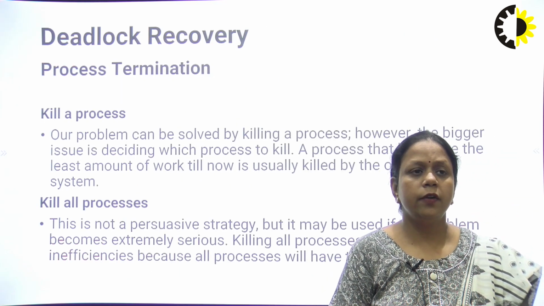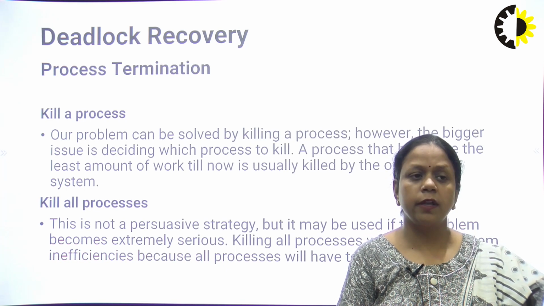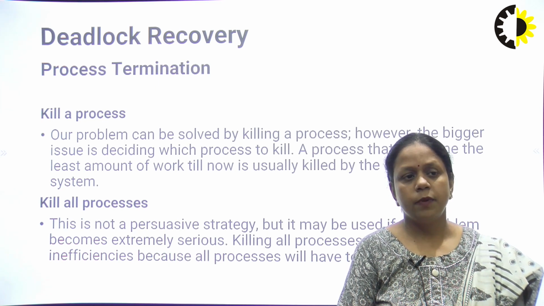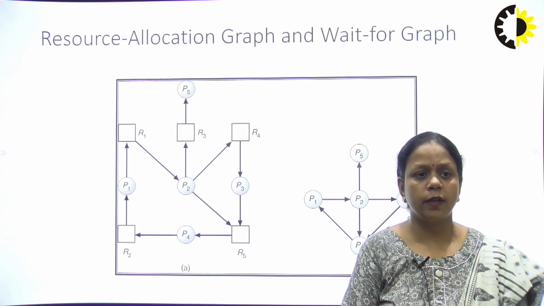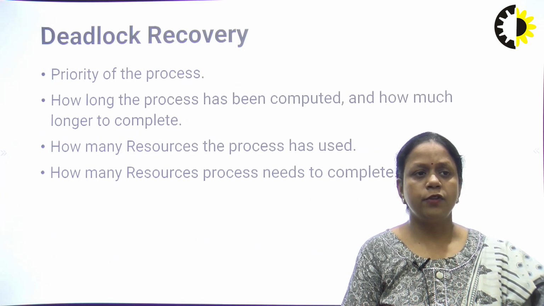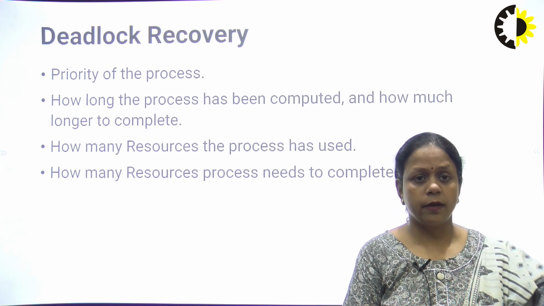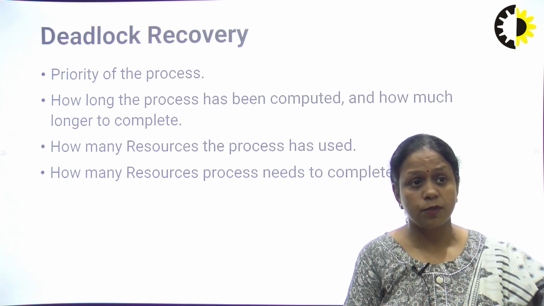Now, how can we recover from deadlock? The first possibility is process termination, or killing a process. If there is a deadlock, we can kill any process. But we should understand the main policies for killing a process, and which process we have to kill. We should consider the priority of the process, how long the process has been computing, and how much longer it needs to complete.